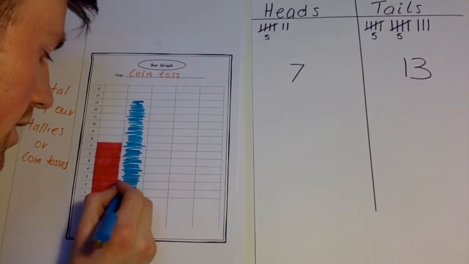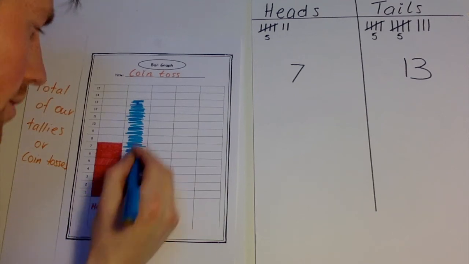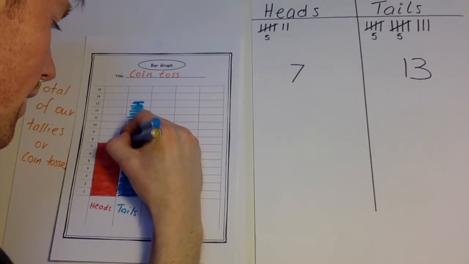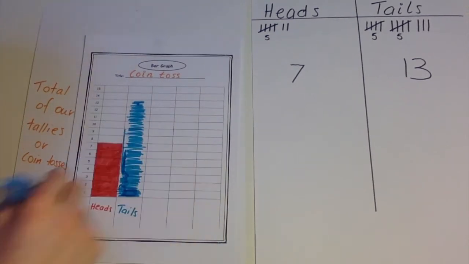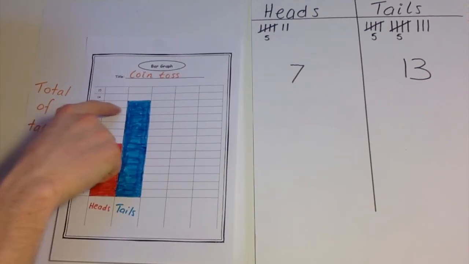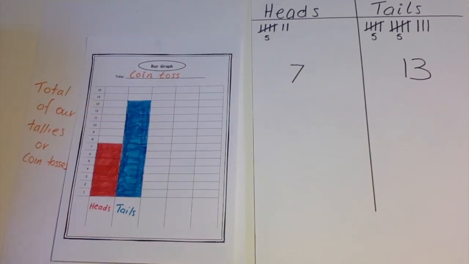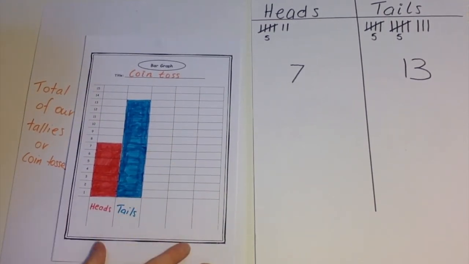Try not to do what I just did and draw in the other box, because you don't want that to happen. I'm just going to quickly draw these in. Once you've coloured in all your boxes to the right amount, so a total, that is your bar graph.